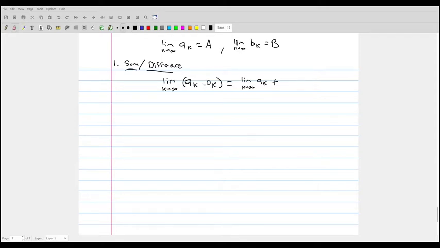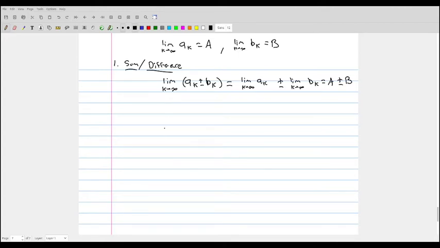It's either or here. So I'll just denote that, which is going to be a plus or minus b.